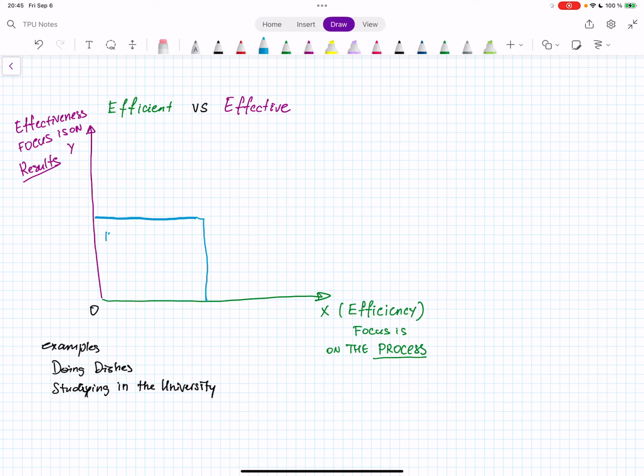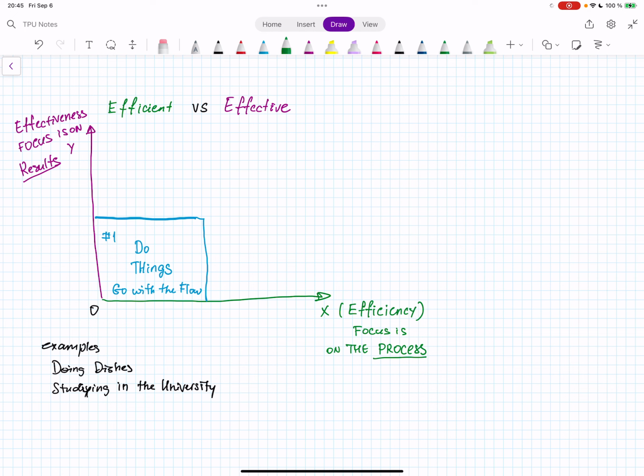So this is number one group, people who just do things. They just do things. Okay? They don't think about the process, they don't think about the results. They just go with the flow. If they want to do things, they do it. If they don't want to do things, they don't do it.